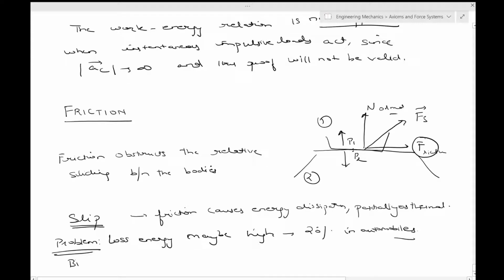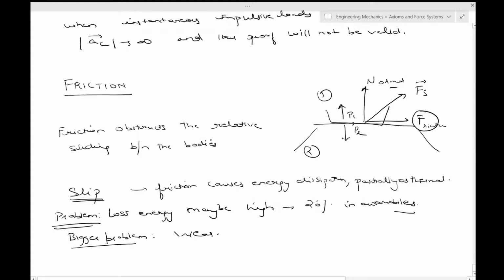But the bigger problem is that of wear. So what happens is that when two bodies slide or slip with respect to each other, then there is this wearing of surfaces, and this is actually a bigger problem, because it leads to failure of components. So you may have heard of the word worn out.